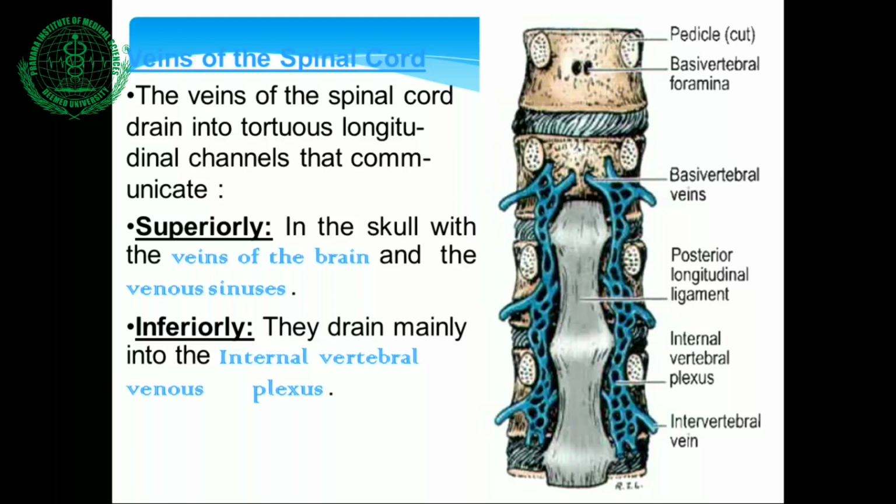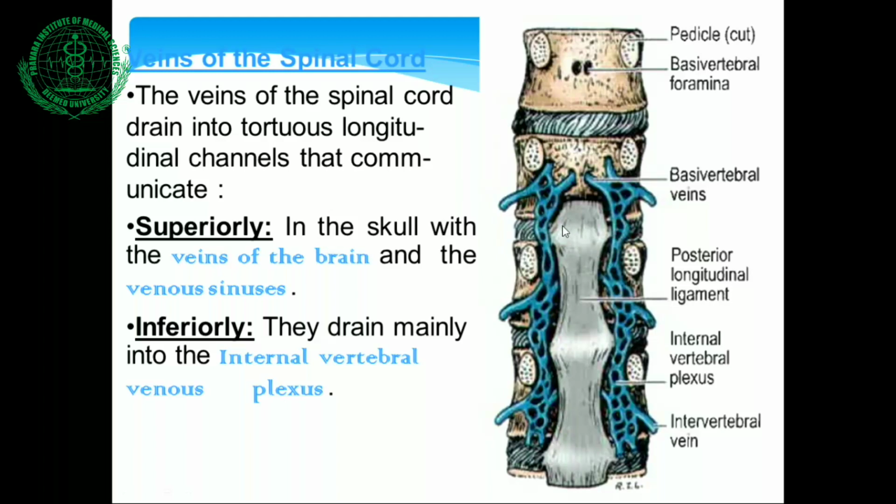These 6 venous channels are paired anterolateral, paired anteromedial, and posterior venous channels, present on either side of the spinal cord.